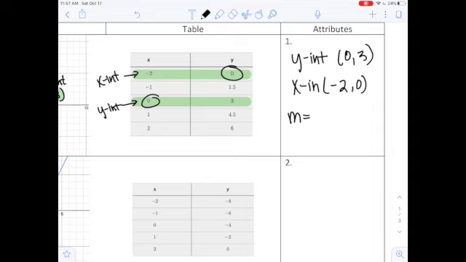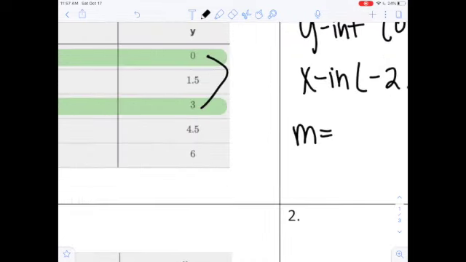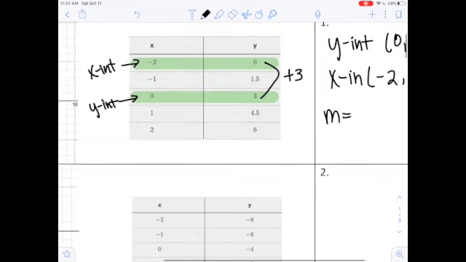Now I don't like finding slope with decimals, so here's what I'm going to do. I'm going to look at my whole numbers. Normally you can go like this for your slope, but I'm going to use my x- and y-intercept. So I'm going to find the change in y from those guys. Going from 0 to 3 is going to be +3.